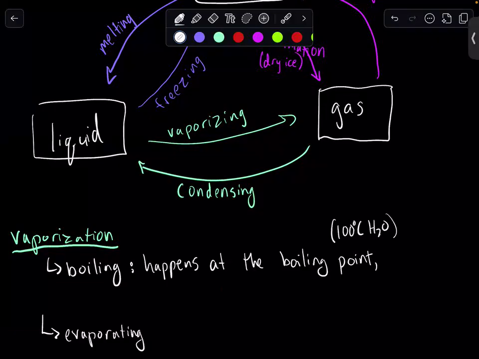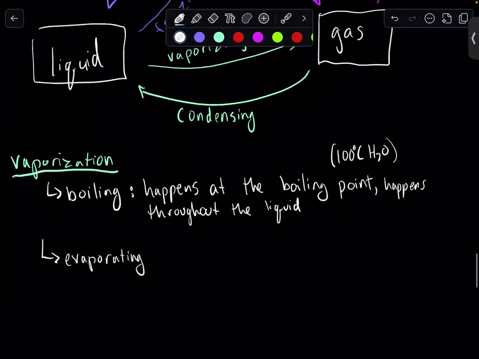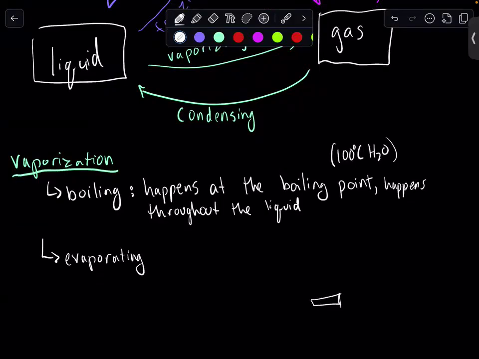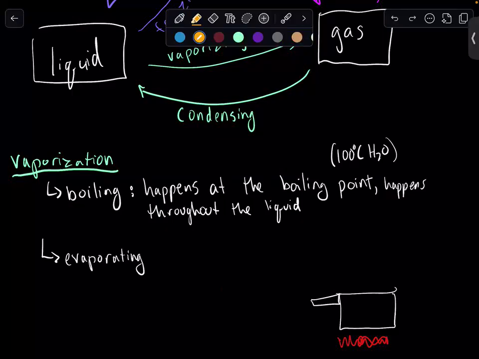And this happens throughout the liquid. If you boil water in a pan, so if you have a pan or a pot over a fire, you've probably boiled water for pasta or something like that.